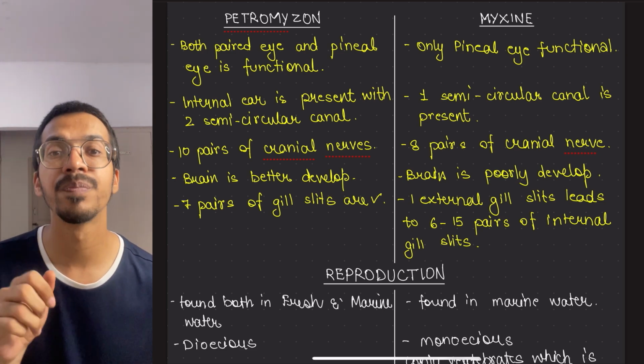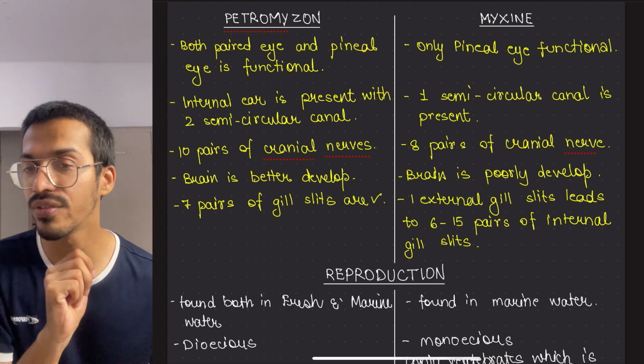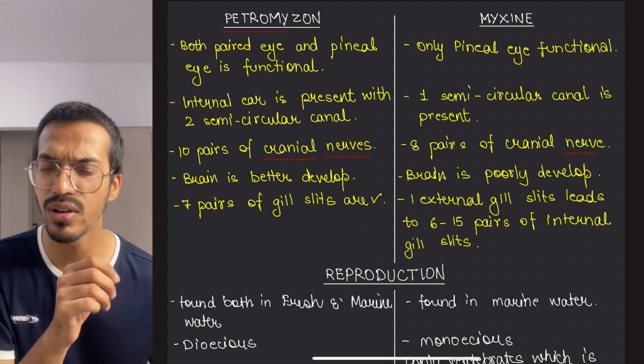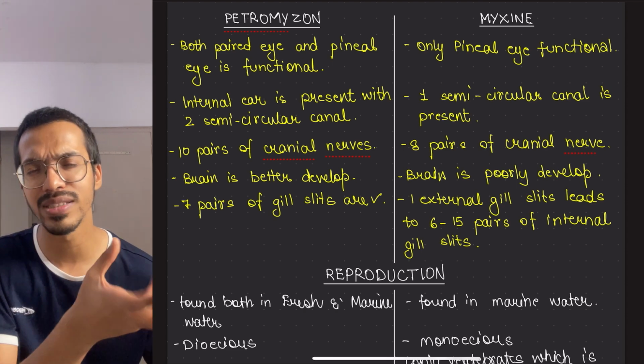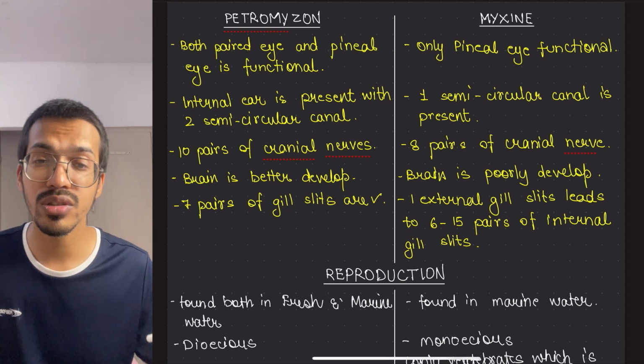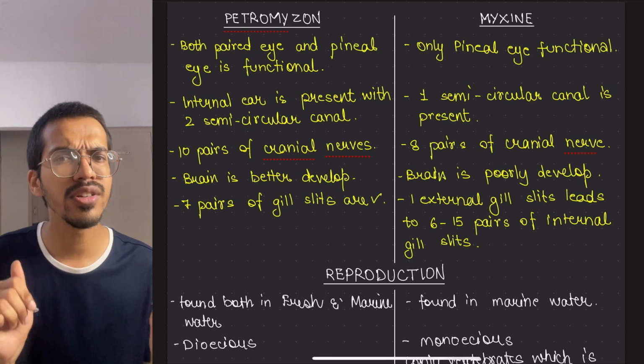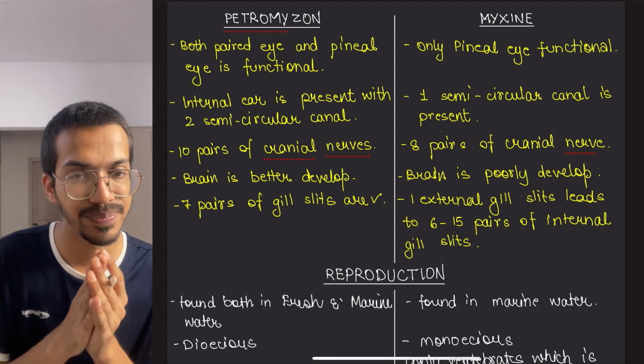The baby Petromyzon forms inside the river water, because the eggs are laid there. The baby will swim through the river and reach, where does the river always reach? The ocean. So they will reach the ocean and become adults.